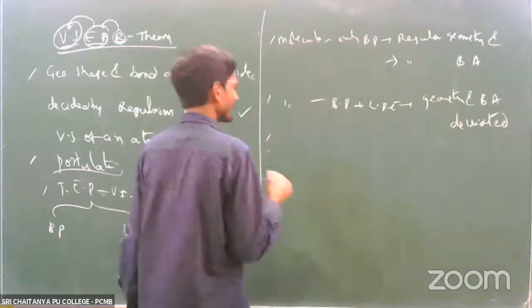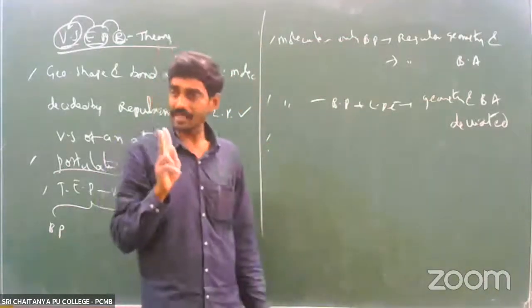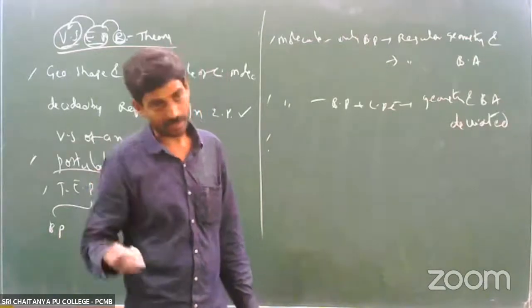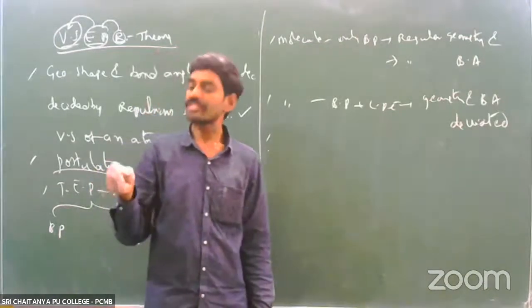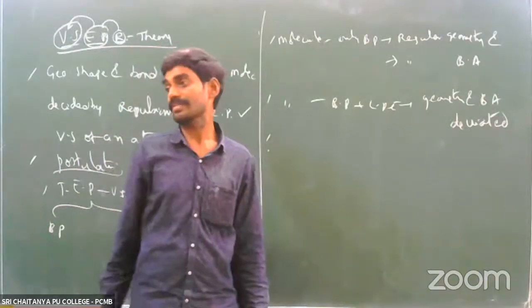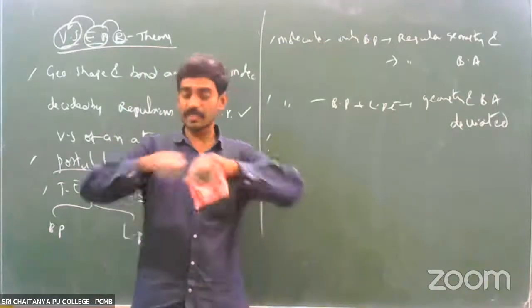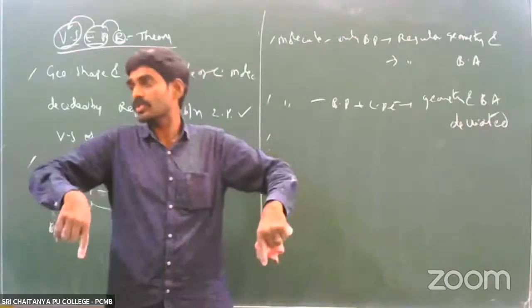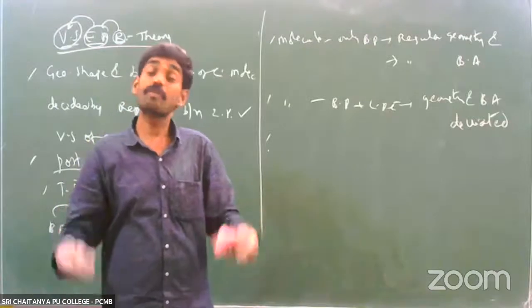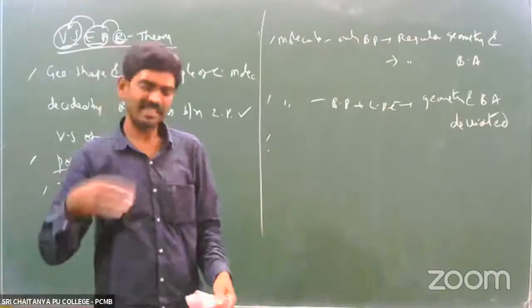If a molecule has only one lone pair of electrons, that lone pair causes repulsion on the bond pairs, but the deviation is very less. If the molecule has two lone pairs of electrons, repulsions take place between the lone pair and lone pair also, and lone pair and bond pair also. That's why maximum repulsion takes place, the deviation of bond angle is very large, and the bond angle is reduced so much.